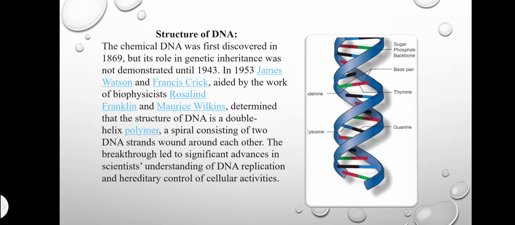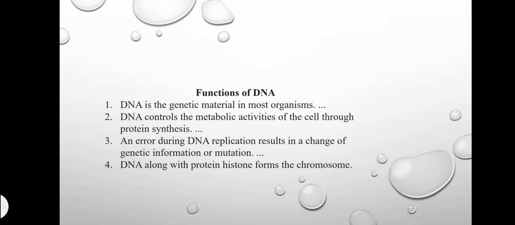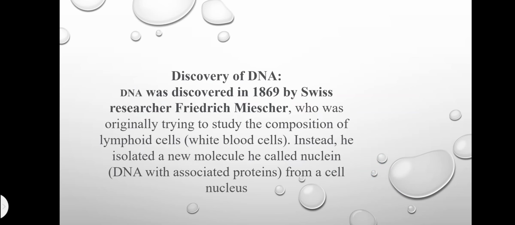The breakthrough led to significant advances in scientists' understanding of DNA replication and hereditary control of cellular activities. Basically, DNA is the genetic material and it controls the metabolic activities of the cell through protein synthesis. An error during DNA replication results in a change of genetic information, or mutation. DNA along with the protein histone forms the chromosomes.